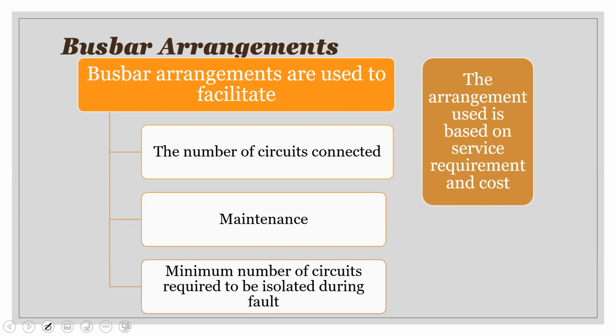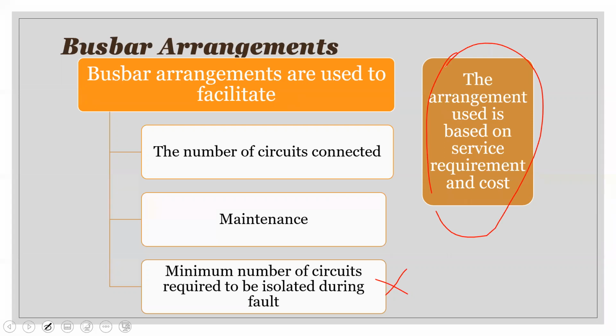And of course, the minimum number of circuits required to be isolated during a fault. I'm not going to spend a lot of time on this because that is really for protection. The arrangement that you ultimately use will be based on the service requirement.